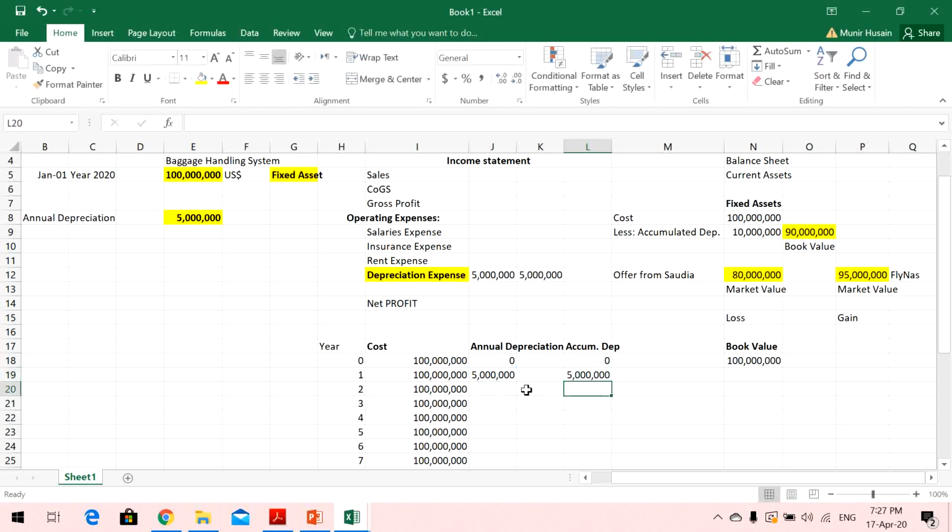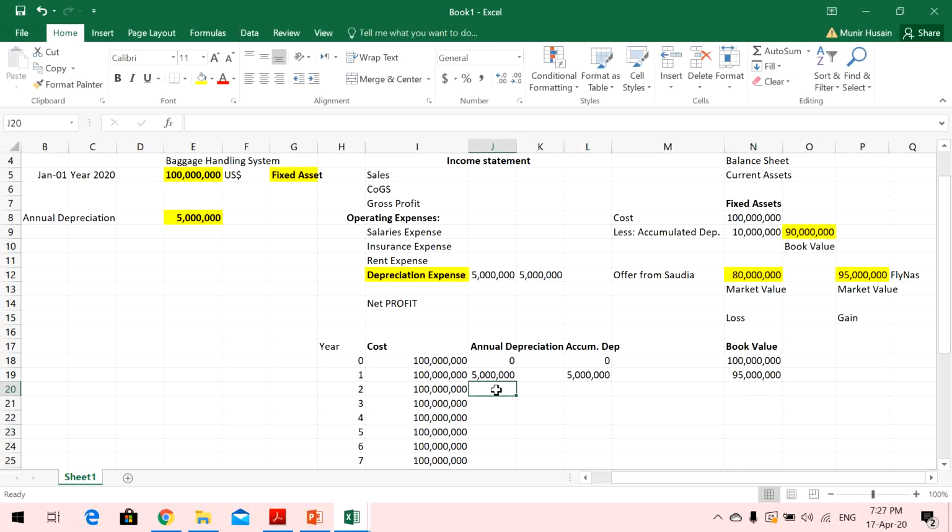Now what is the book value? Book value is basically how much you are left with: cost minus total or accumulated depreciation. So what was the cost? This is the cost, minus accumulated depreciation. So it's 95 million after year 1.